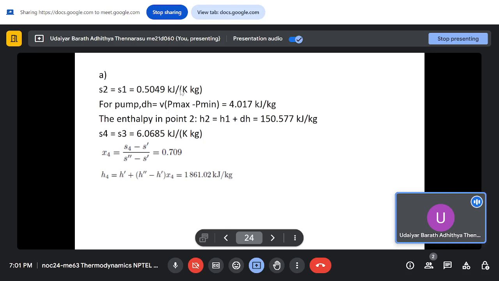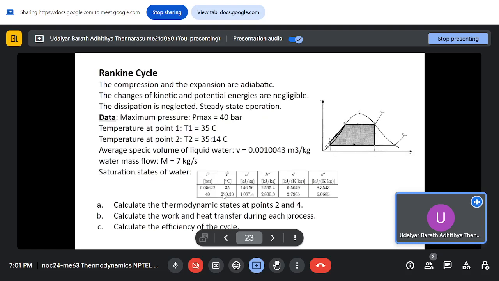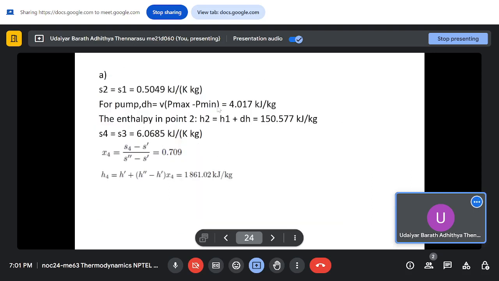The integral of dP is delta P, so specific volume into P max minus P min. You know the specific volume, you know your pressures, which are 40 bar and 0.05622. Substituting that, you will get your pump work as 4.017 kilojoule per kg. This is the enthalpy change across the pump.